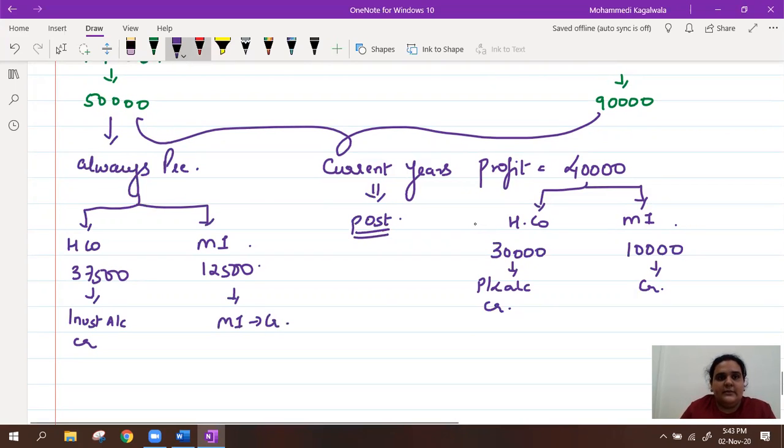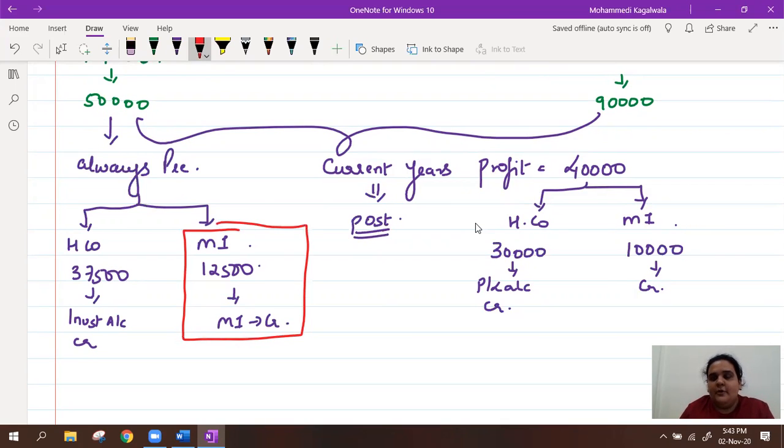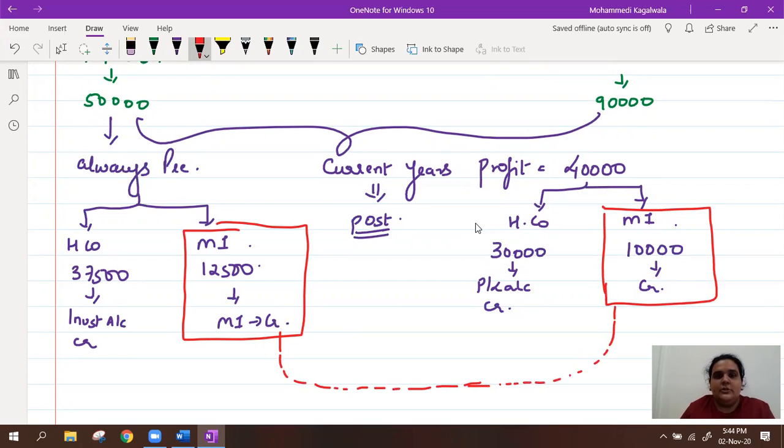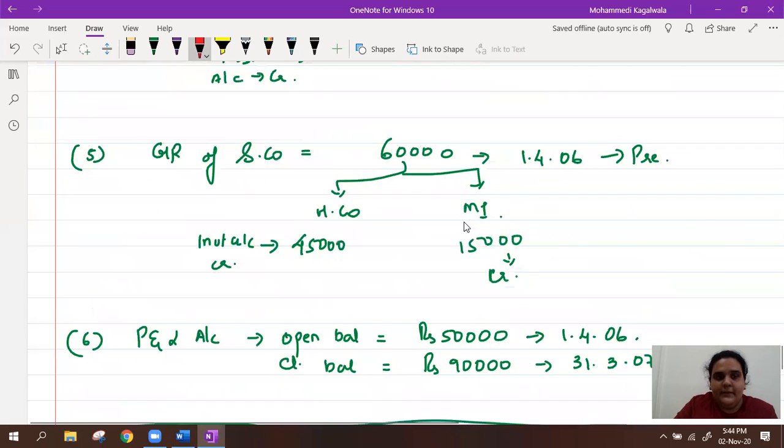This minority interest and this minority interest, I can directly total and write in their account. So the total is going to become 22,500, minority interest account credit side. Are you all clear with this? Yes, ma'am.